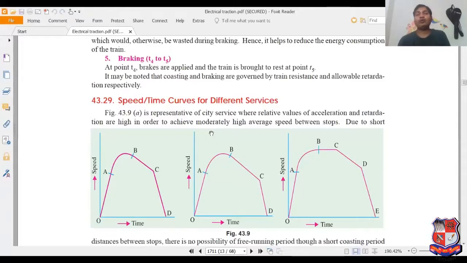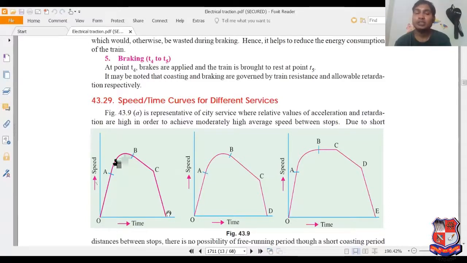So if we look on the graph like this, these are three different speed-time curves for three different service lines. In the first one, we can see that the train attains its maximum speed in a very small time and then again goes to zero.